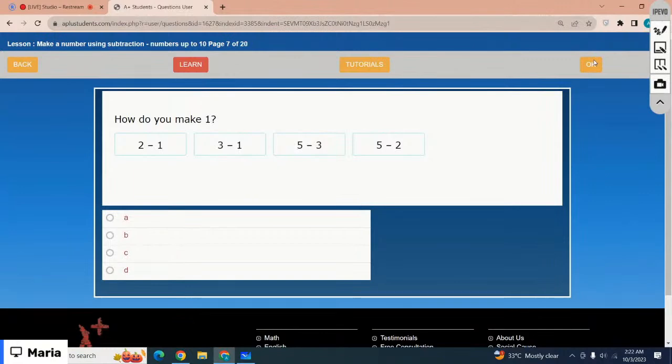Okay, how do you make 1? Which is the correct option?